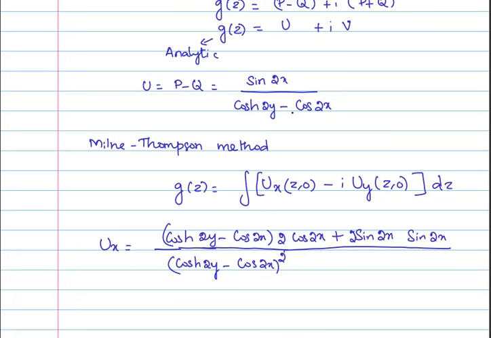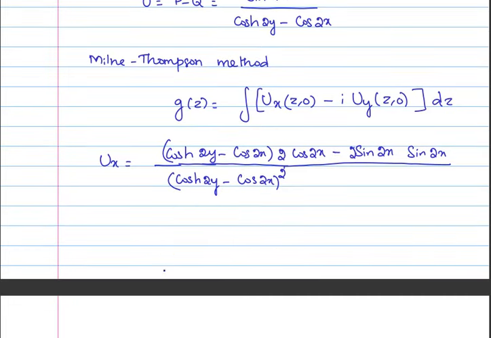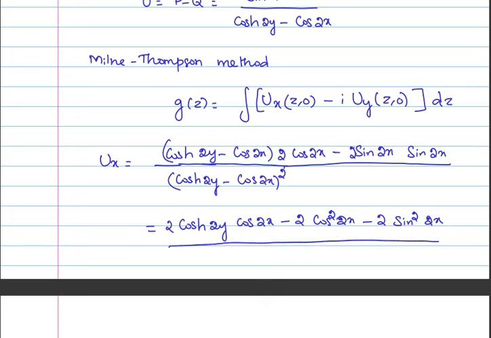The derivative of cos 2x is minus 2 sin 2x, so you will get plus 2 sin 2x, but because of the minus sign in front, it becomes minus. Now you club it: 2 cosh 2y cos 2x minus 2 cos square 2x minus 2 sin square 2x, divided by (cosh 2y minus cos 2x) the whole square.